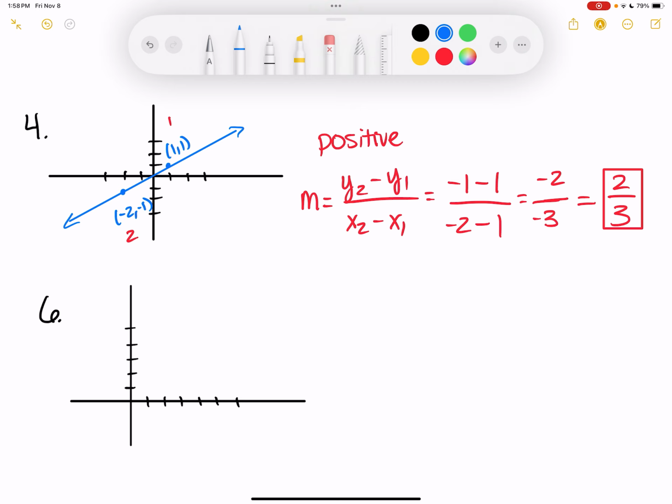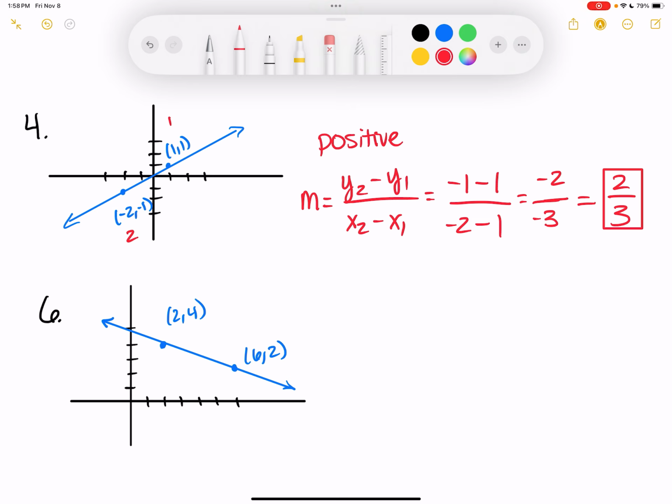All right, this one has a point at 2, 4, and a point at 6, 2. All right, what kind of slope does this have?